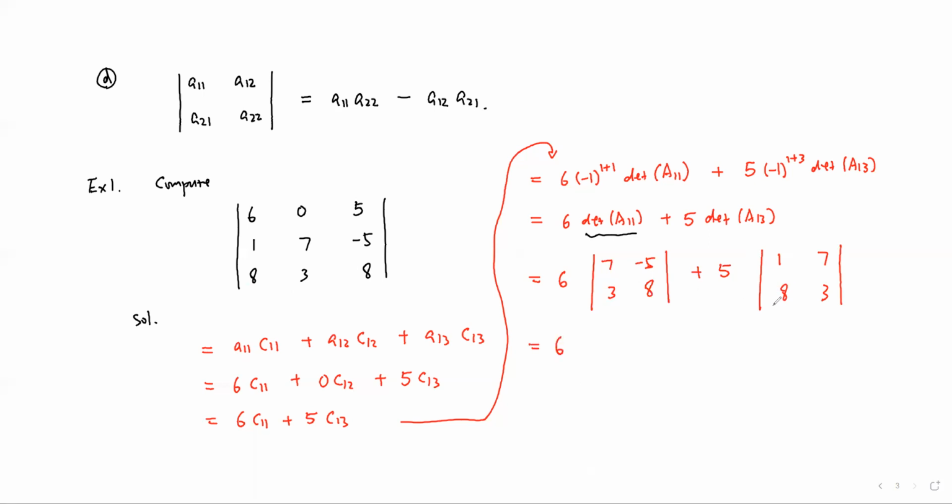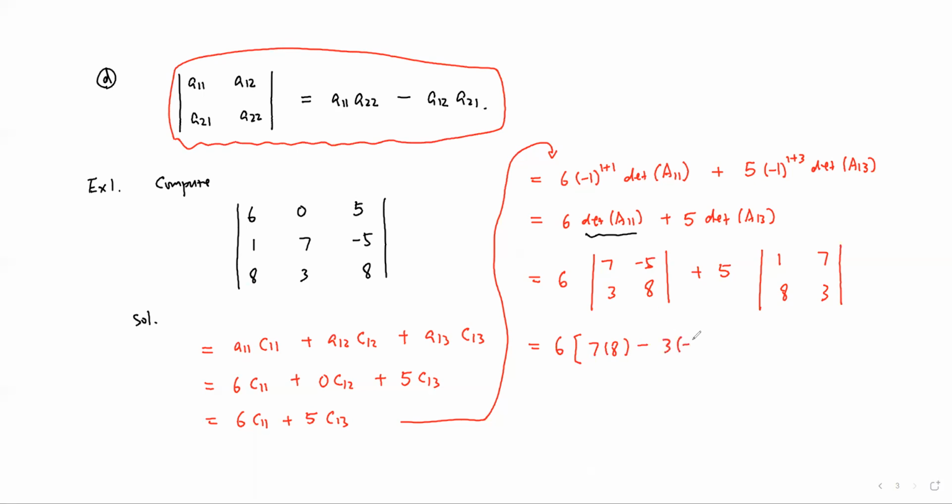Now we need to compute these two 2 by 2 determinants. Formula is here. So this is 6 times the product of the main diagonal entries, 7 times 8, minus the product of the anti-diagonal entries, 3 times -5. Then plus 5 times the 2 by 2 determinant, 1 times 3 minus 8 times 7.